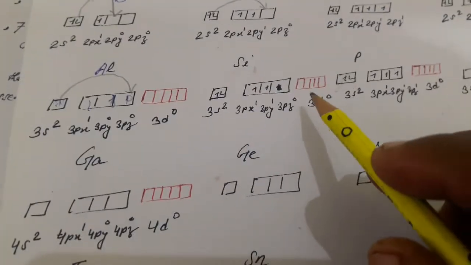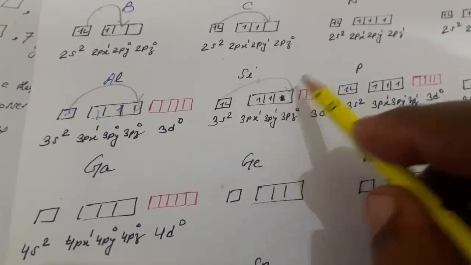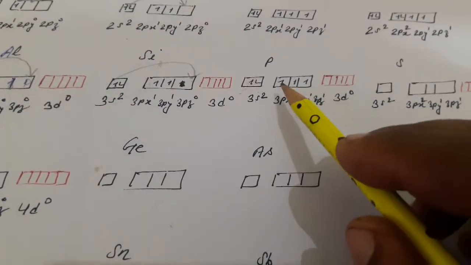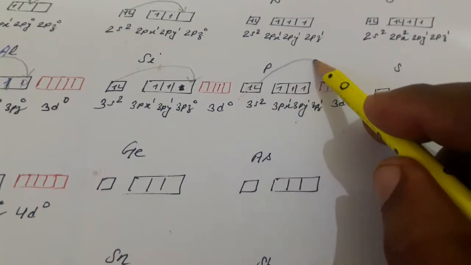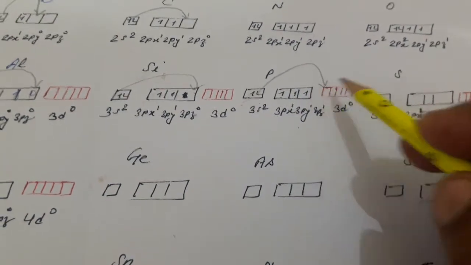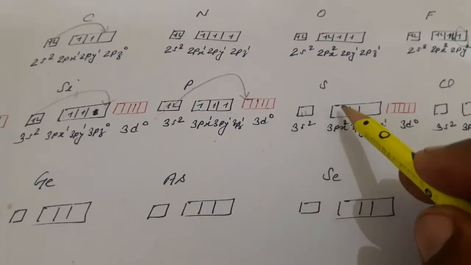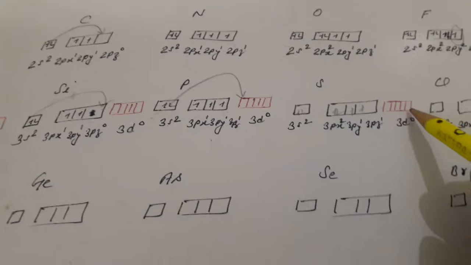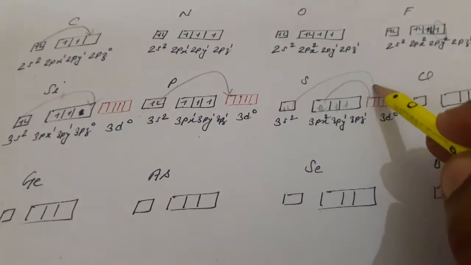There is no need of a vacant d orbital there, but in this case a vacant d orbital is needed because these subshells are already unpaired. So this excitation will take place in the next vacant d orbital. So again these 2 electrons are available, so first excitation and then next excitation.